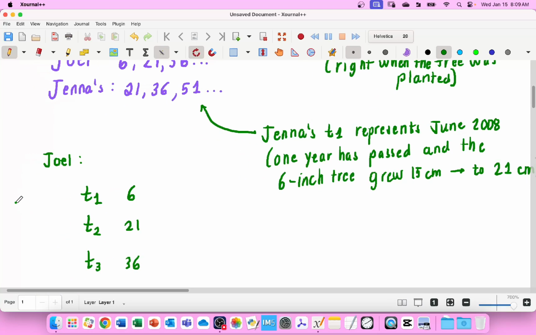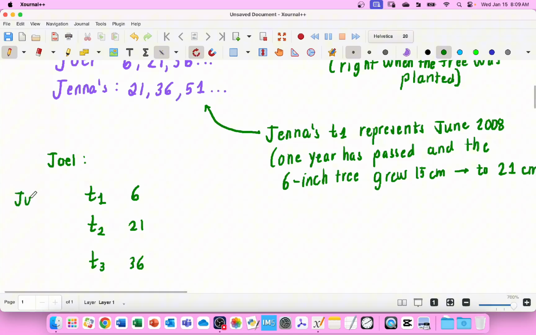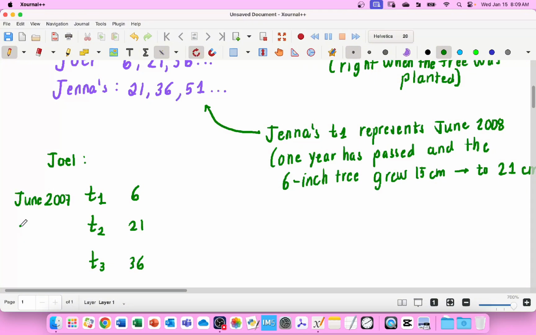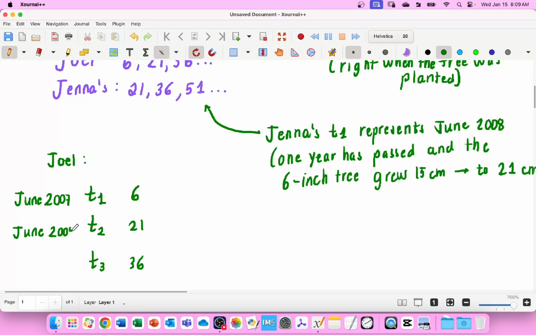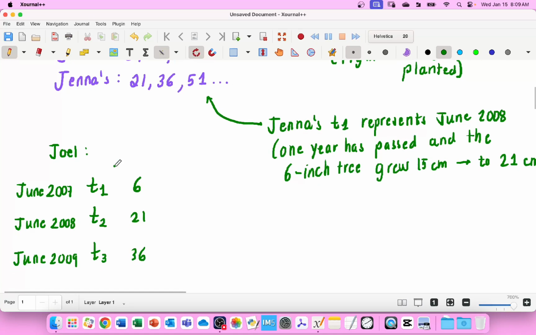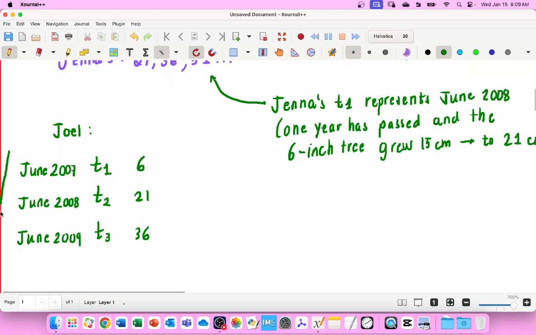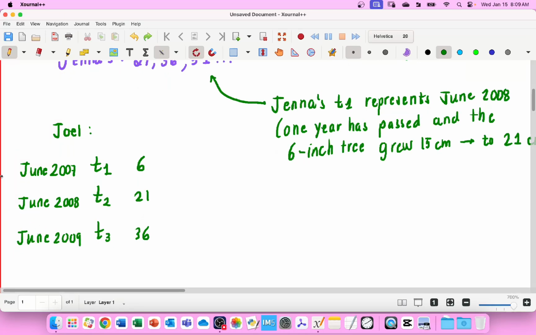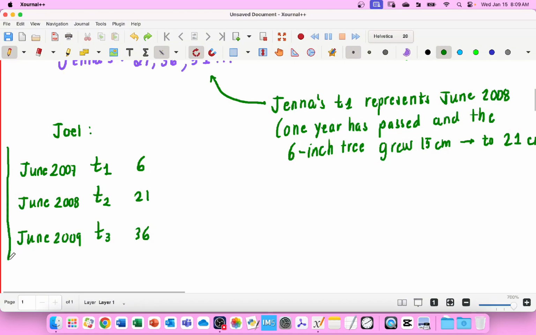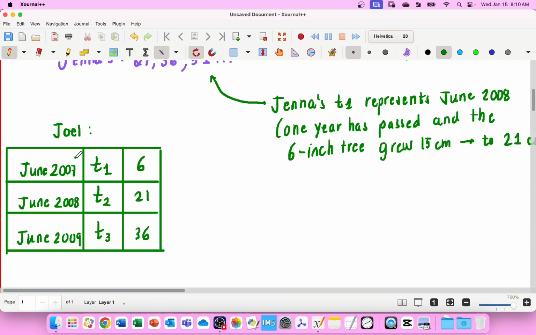This is June 2007, June 2008, June 2009. But at the end of the day, we'll still end up at the same result. So Joel has pretty much set it up like this.